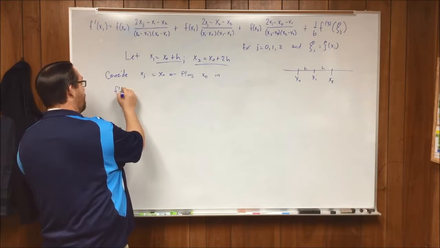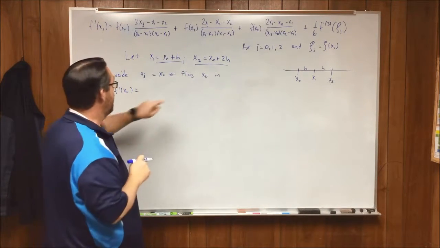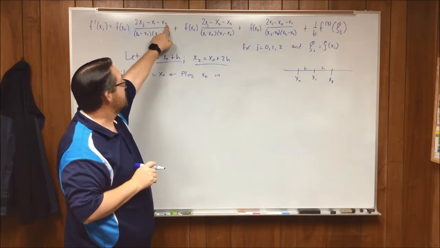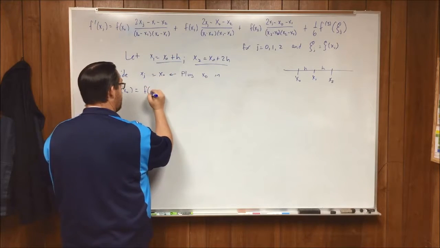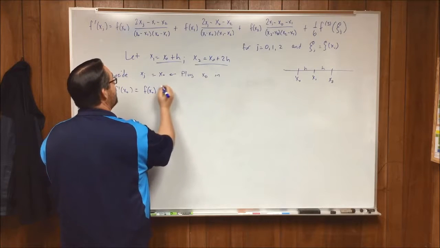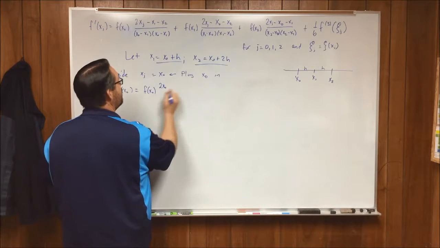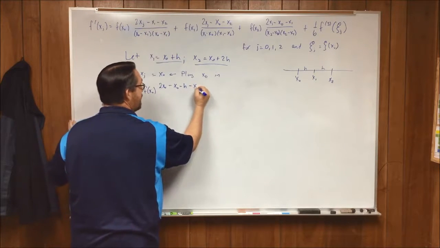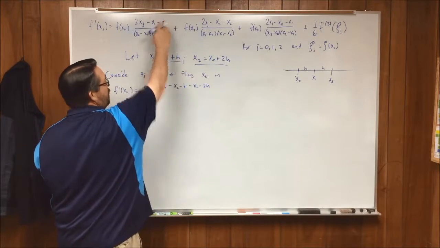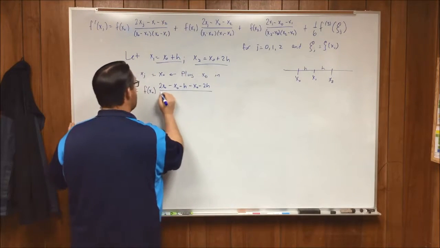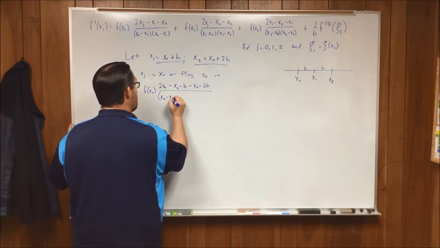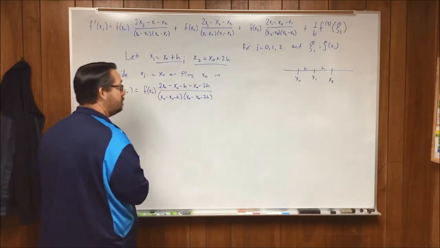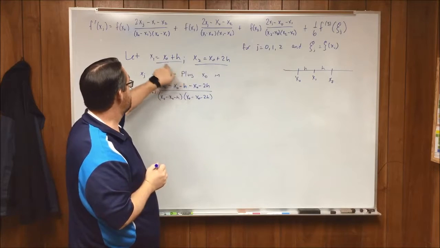You get f prime of x0 is equal to, if you plug x0 in here, this term sticks around, so you have f of x naught times 2x0 minus x0 minus h, minus x0 minus 2h, because I'm distributing the minus sign, over x naught minus x naught minus h times x naught minus x naught minus 2h. Just substituting those three things in.